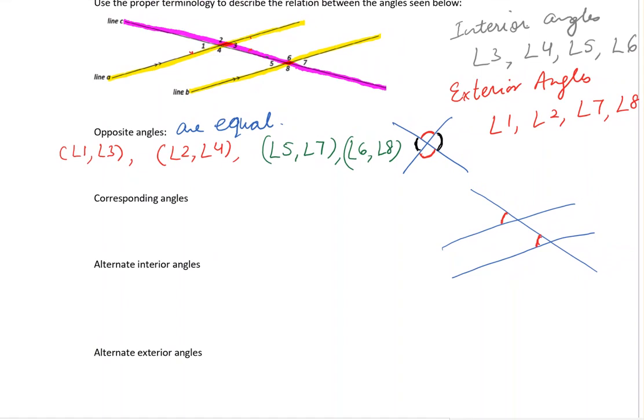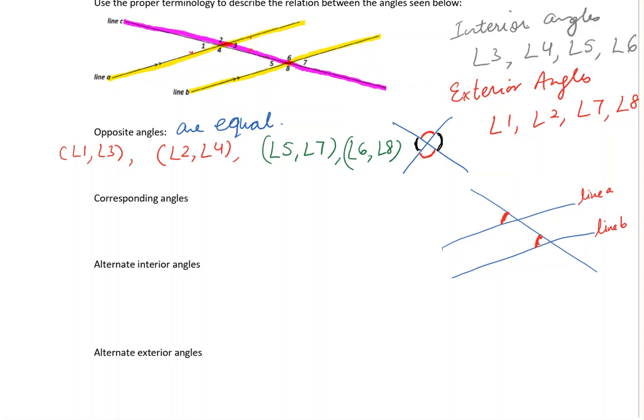They are on the same side of the transversal and at the corresponding position: above line A, above line B, and also on the same side. So same side, exact same position. These are called corresponding angles.